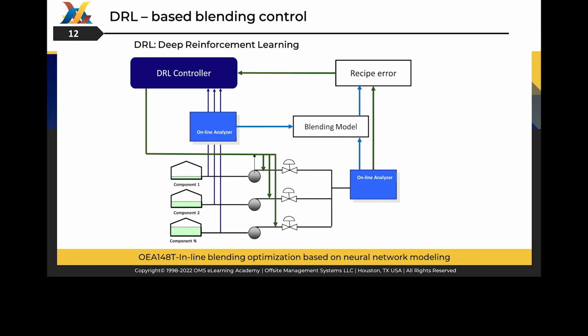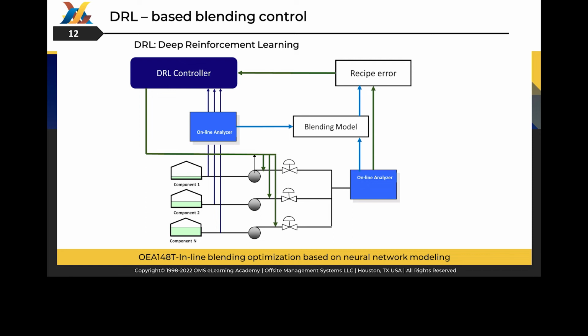The deep reinforcement learning, or DRL technology, allows shifting the optimization calculation offline while pre-training a dedicated neural network to generate the set points for each blended stream control based on the current readings of the component stream properties and the blend task parameters.